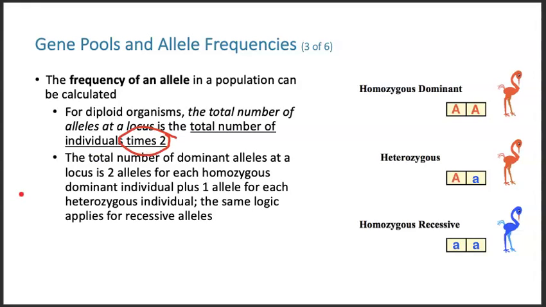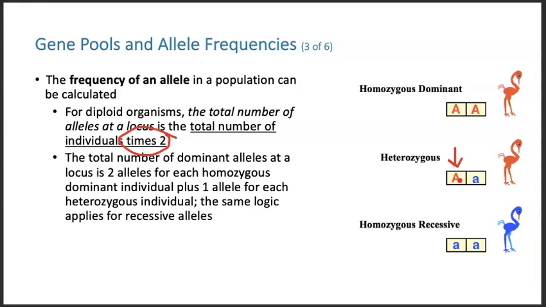The total number of dominant alleles can be calculated by looking at the number of individuals that are homozygous dominant and the number that are heterozygous. If I'm only interested in the dominant allele, then I will count up how many individuals are homozygous dominant and multiply that times 2. But I'll count up the number of individuals that are heterozygous, and I'll only multiply that times 1, because in a heterozygous individual, only one of the 2 alleles is the dominant allele.